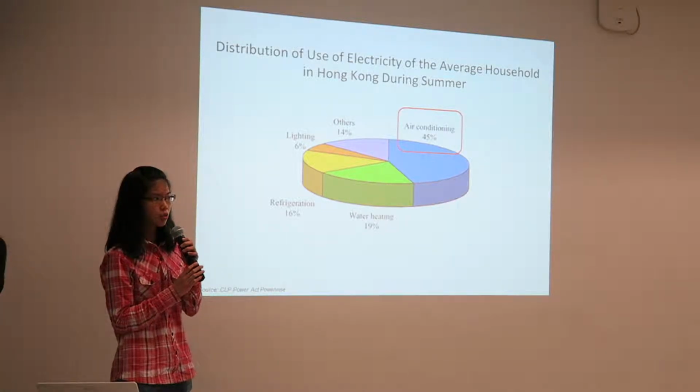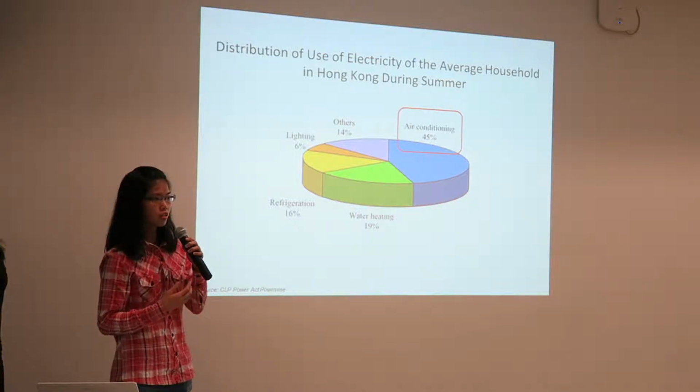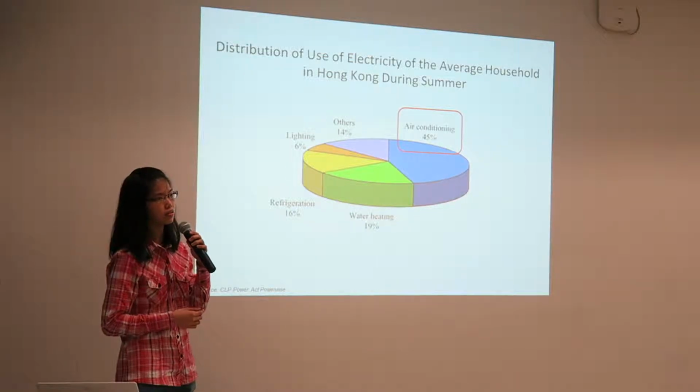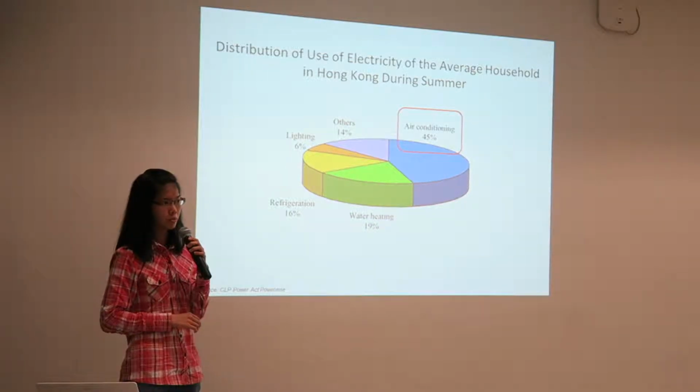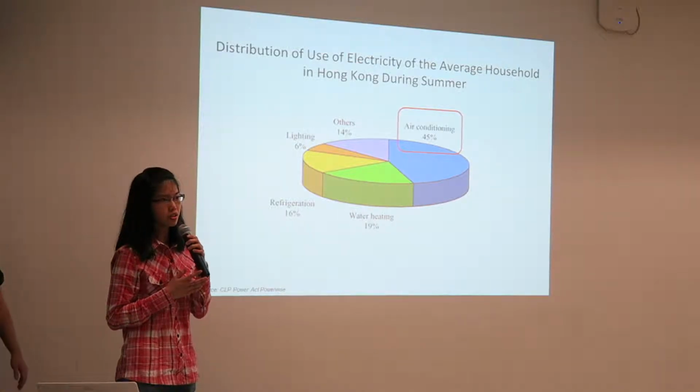We need to reduce this energy consumption, because Hong Kong's main source of energy is fossil fuel, which is non-renewable, and if we don't reduce this energy consumption, it will soon deplete.